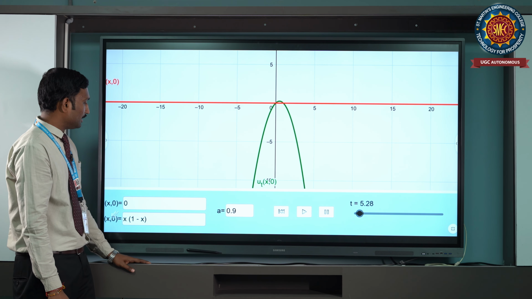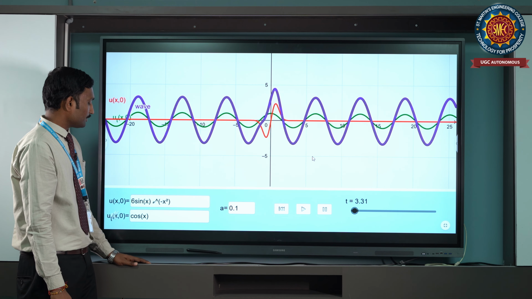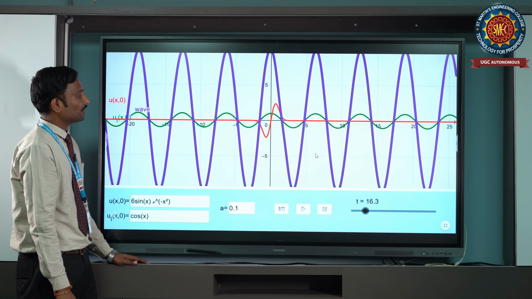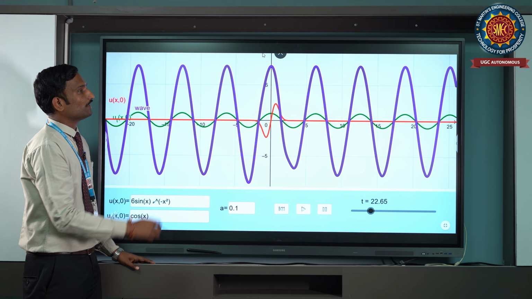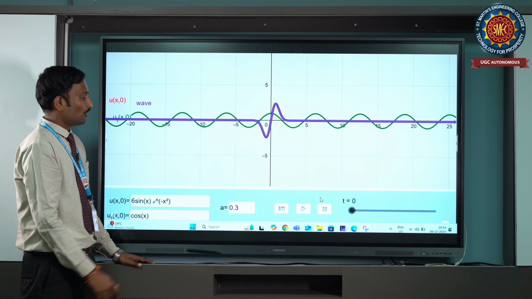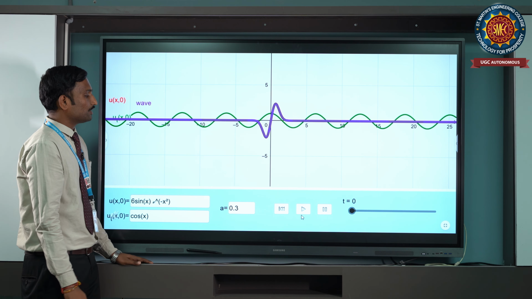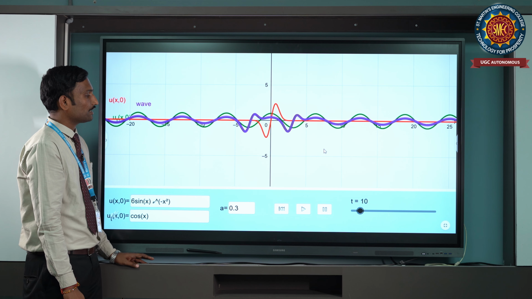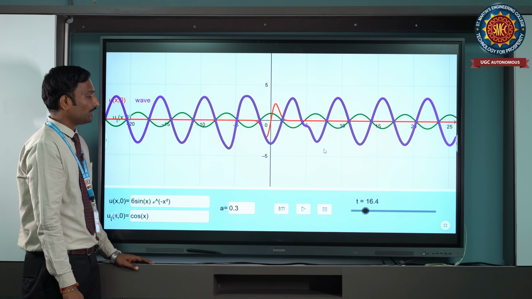The next initial conditions we have taken are 6 sin x into e power minus x square and cos x. You can see the amplitude of the waves changing from a equal to 0 to 0.1 to 0.3, and the next we can consider as 0.5.